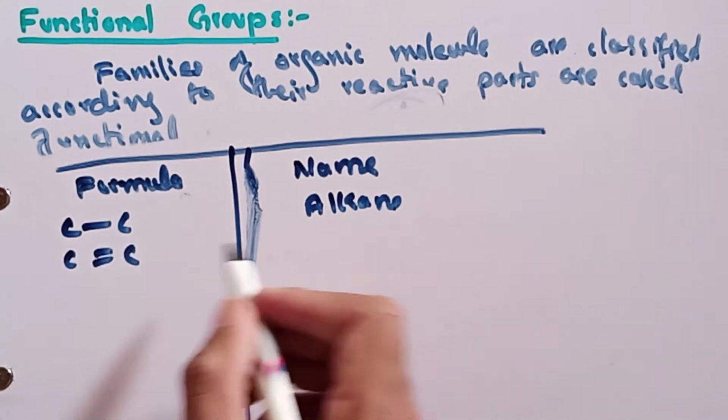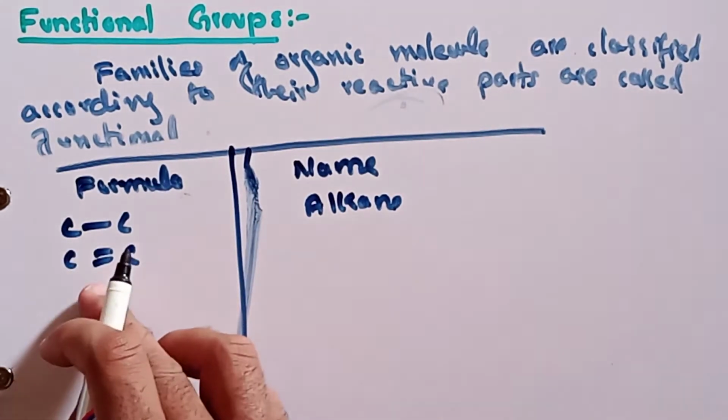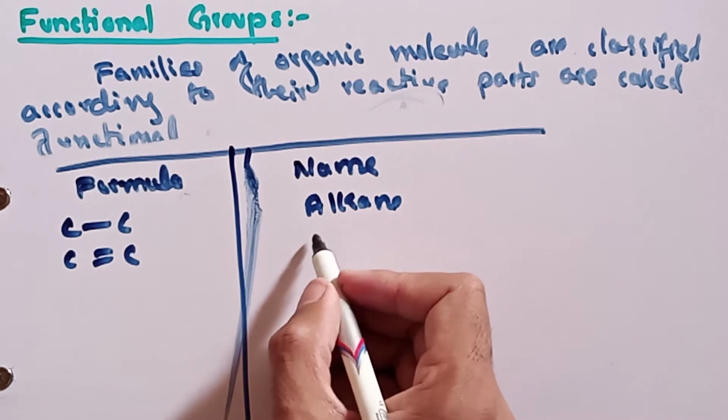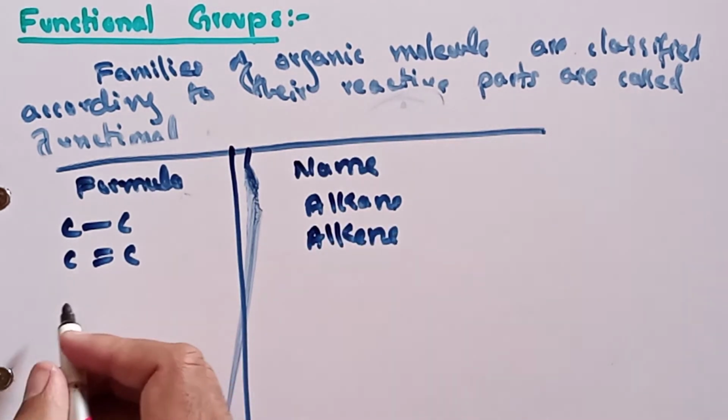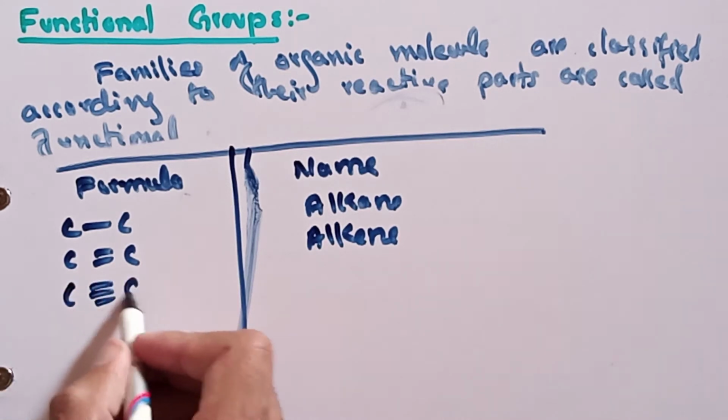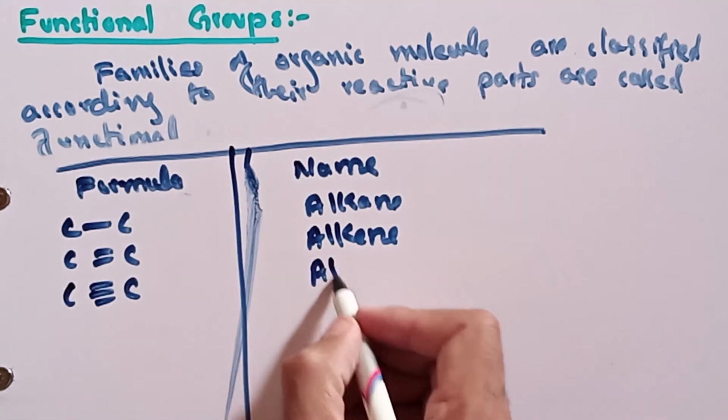All those compounds that contain a carbon-carbon double bond are called alkene, while compounds containing a carbon-carbon triple bond are called alkyne.